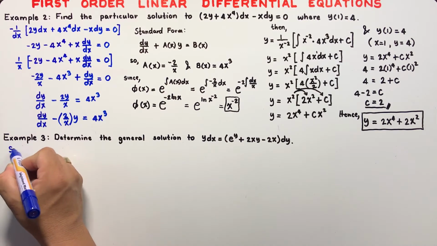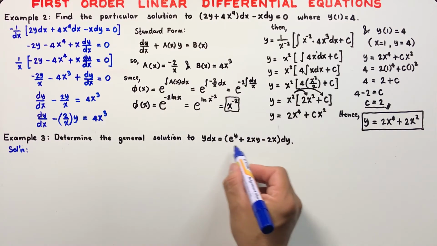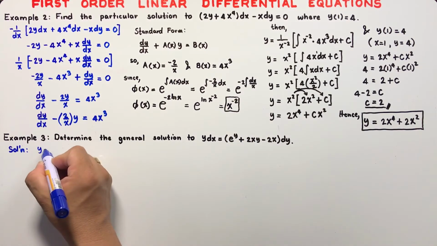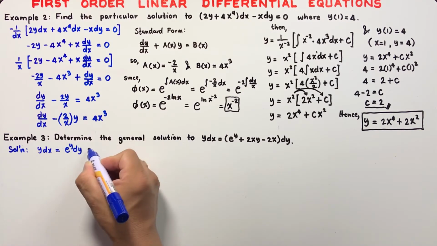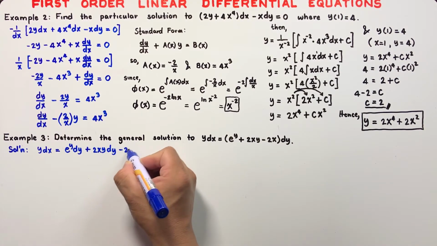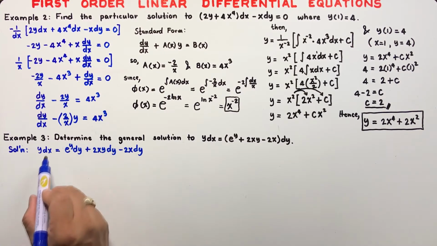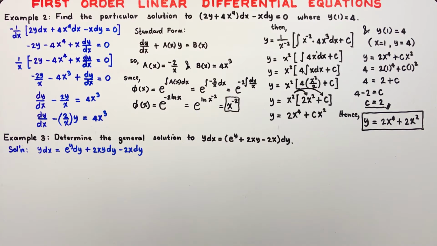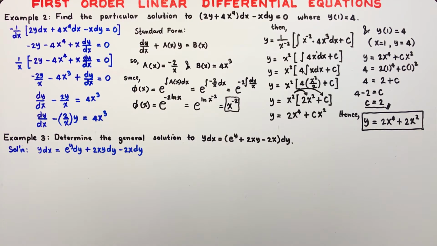To solve this one, we need to distribute this dy to this trinomial here. So we have y dx equal to e to the power y dy plus 2xy dy minus 2x dy. Since we have 3 terms that contain dy versus 1 term that contains dx, we can determine that our dependent variable is x, because we have only 1 dx here.